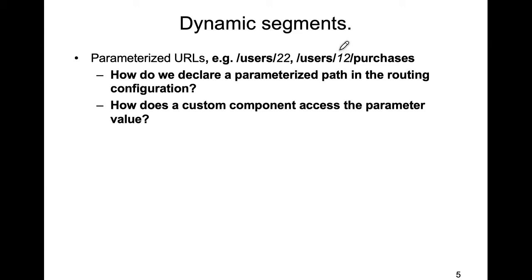So the issue is, in our routing configuration, how do we indicate in these URLs that part of the URL is actually a parameter as opposed to a static string? And secondly, in the component that is mounted as a result of the URL appearing in the user's address bar, how does the component actually access the parameter value?